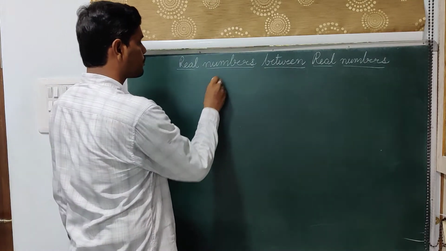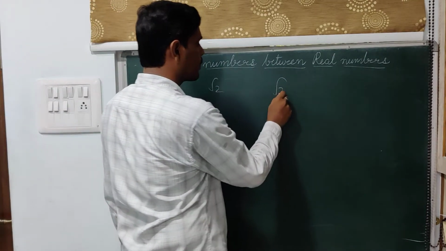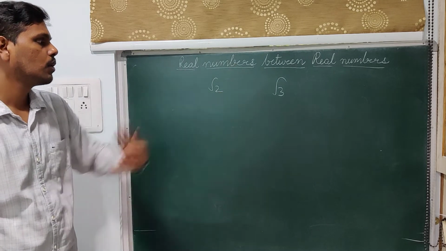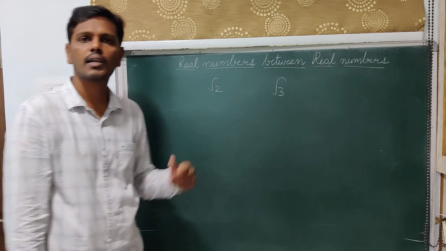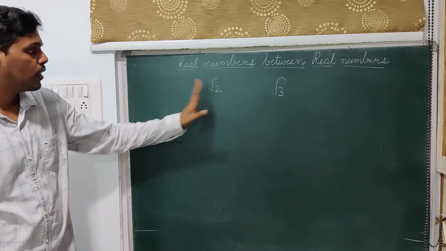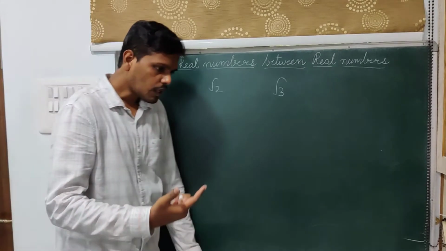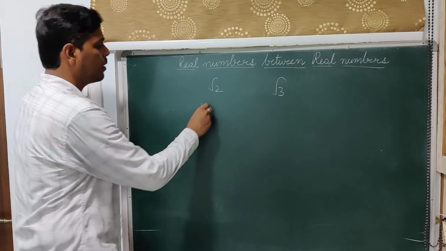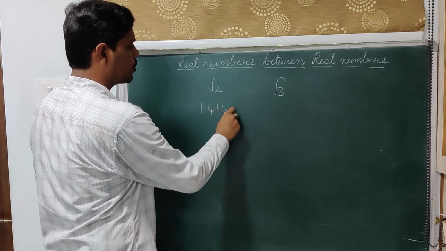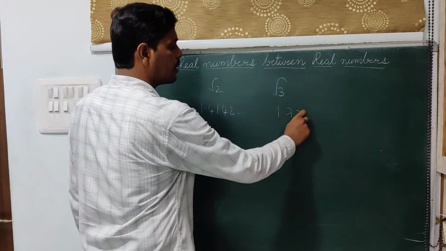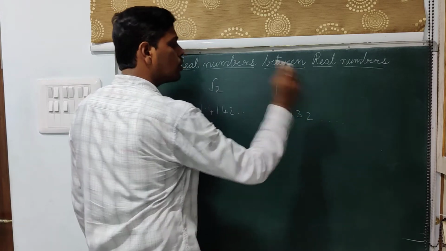For suppose you have root 2 and root 3. Now you need to find some rational numbers and some irrational numbers between these two real numbers. The decimal expansion of root 2 is already known to us, which is 1.4142 and so on, and the decimal expansion of root 3 is 1.732 and so on.